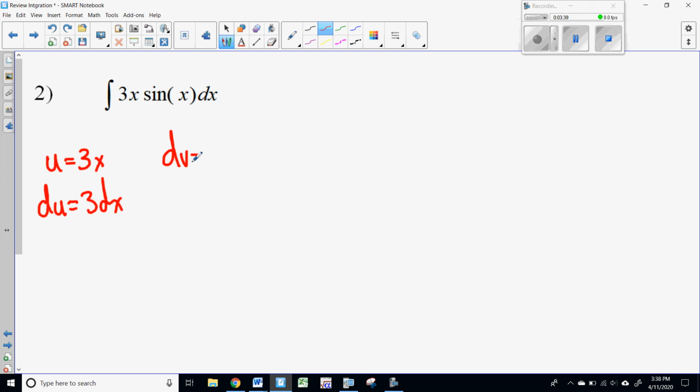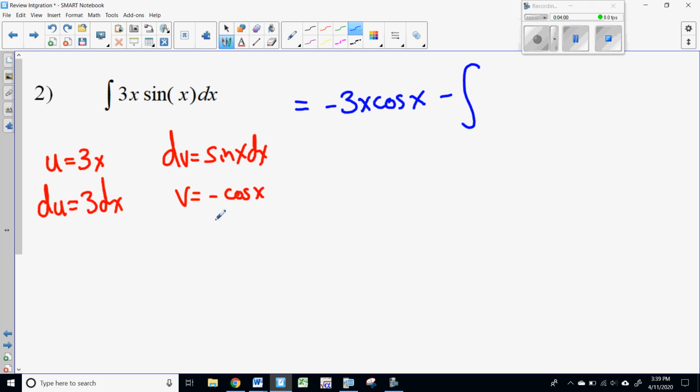That means my dv is sine of x dx, and my v is negative cosine of x. So our formula is uv, which would be minus 3x cosine of x, minus the integral of v du, which would be minus 3 cosine of x dx.